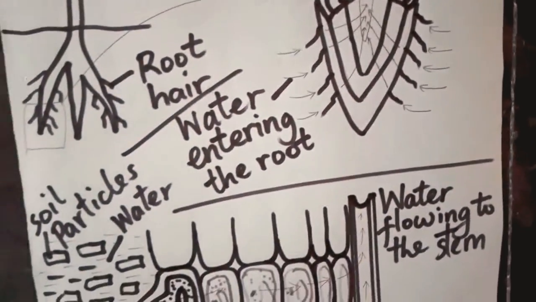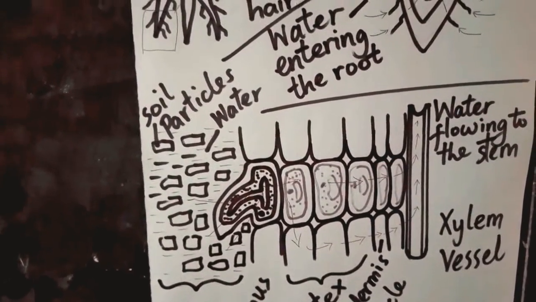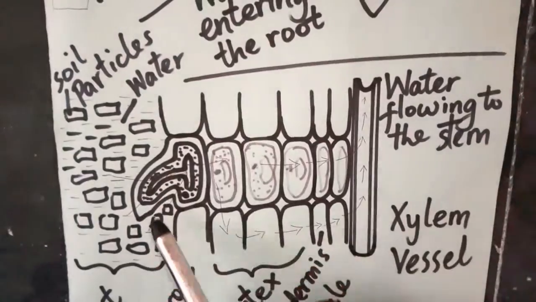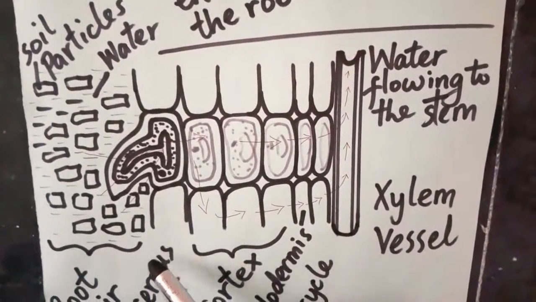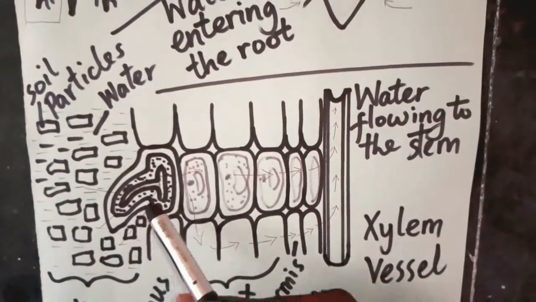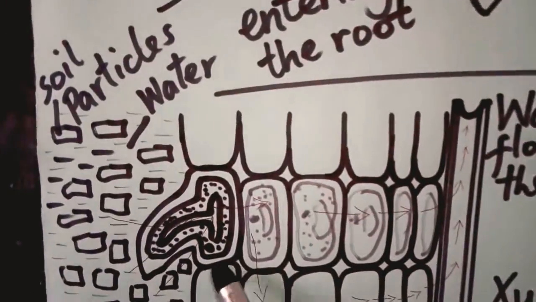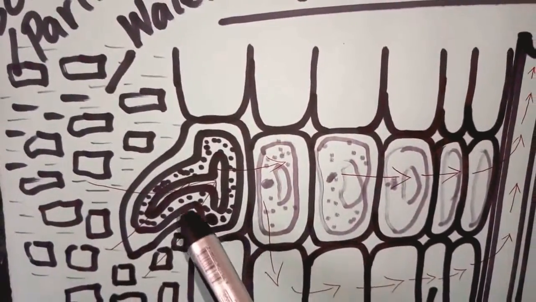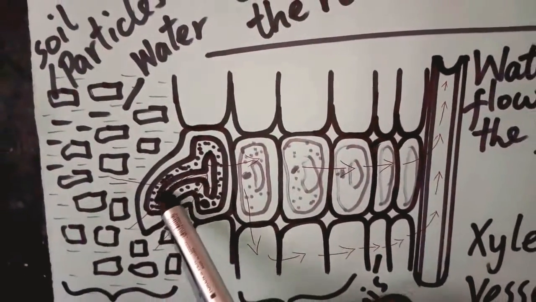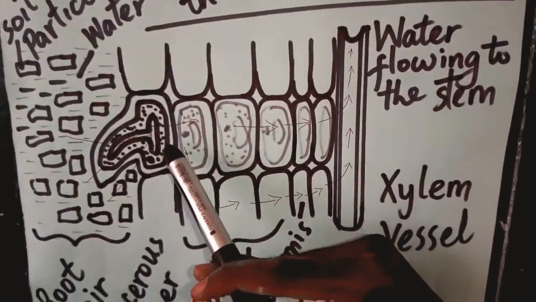I would like to describe the process of absorption of water. When there is water in the soil, the root hairs absorb the water in the process of osmosis. When the root hair cells absorb the water by osmosis, the content within the vacuole becomes dilute. Hence, we refer to it as a hypotonic solution.